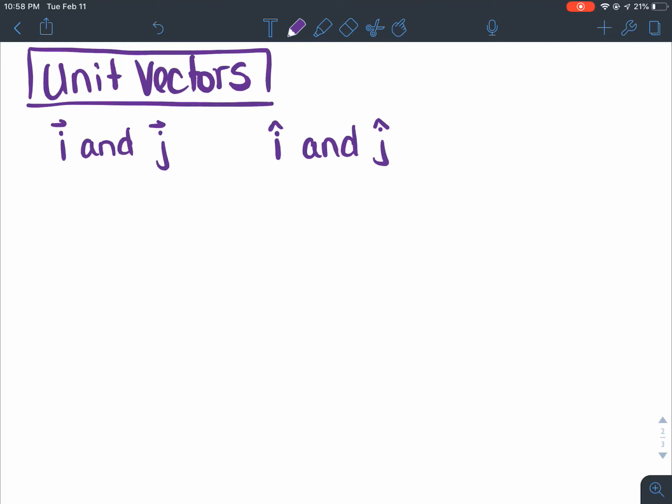Okay, so anyways, unit vectors. A key thing about unit vectors is that they have a magnitude of 1. Every unit vector has to have a magnitude of 1. And they have their tails at the origin.